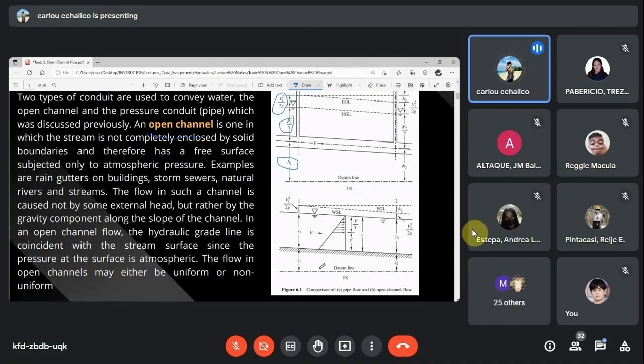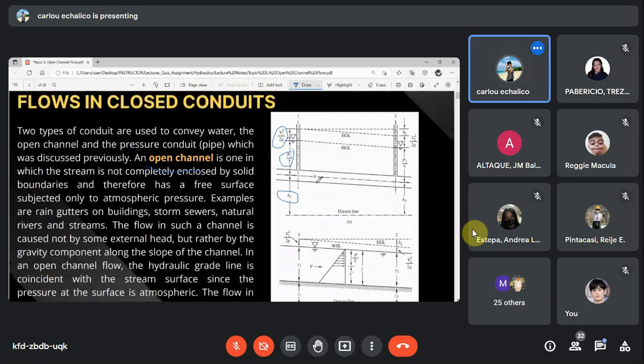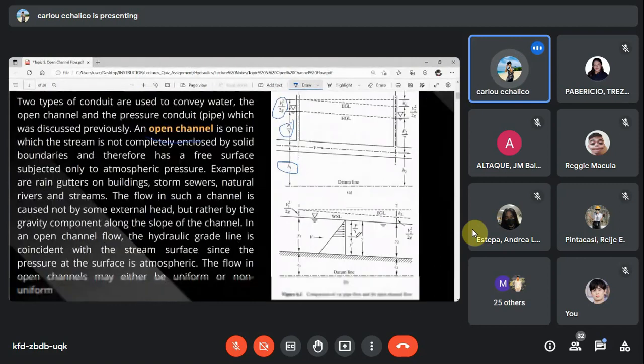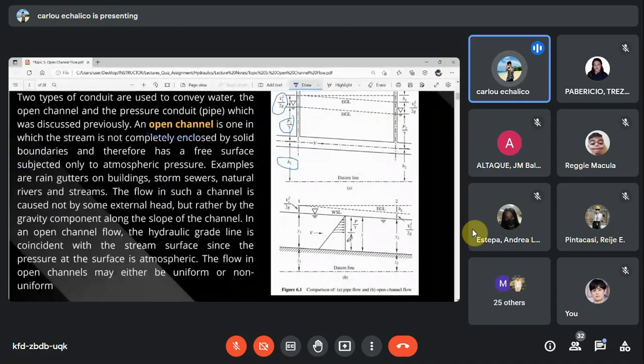And also, in case of open channel, the height sa tuang liquid. So, sa right side, muna siya ang energy grade line sa closed conduits, kaning sa first na figure. Then, sa open channel, kaning nasa baba.